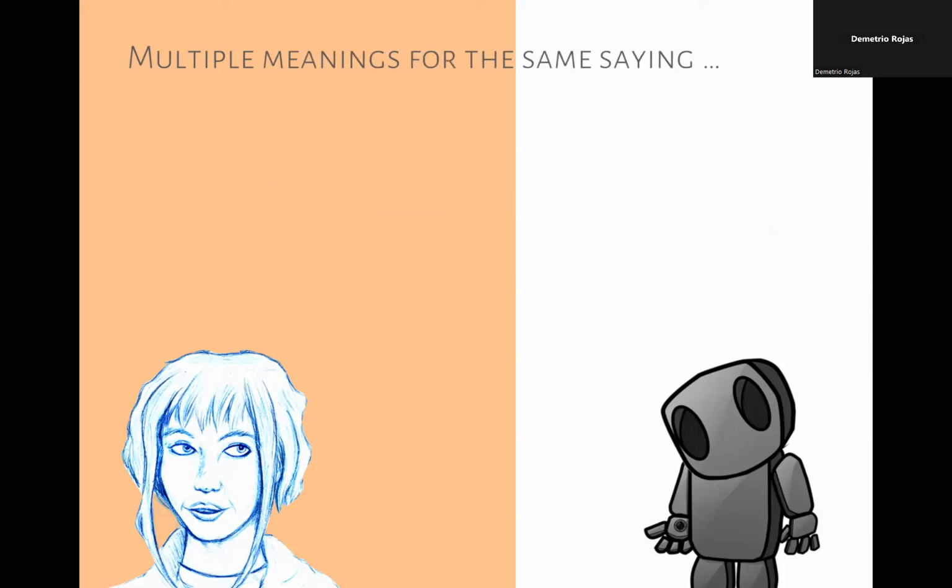And we can have multiple meanings for the same saying. So we have this classic phrase that's used in natural language processing in English. Sherlock saw the man using binoculars. I don't know if you know binoculars, these sorts of things for seeing far. I don't know what they're called in Spanish. Binoculares. Okay, that's easy, I don't have to explain that one. So there's various ways of understanding this, even from a human perspective.